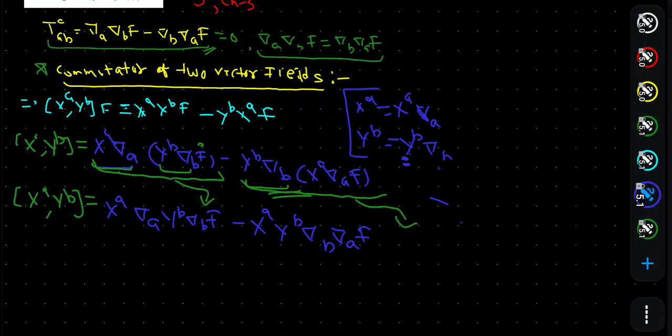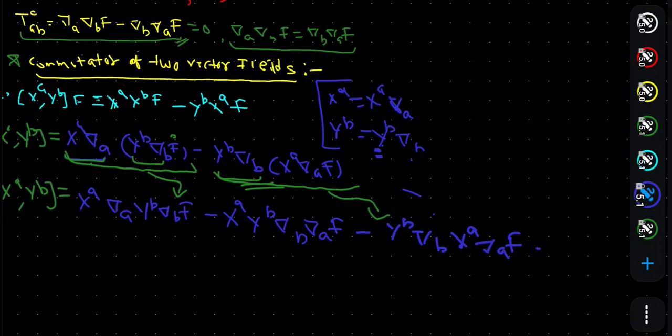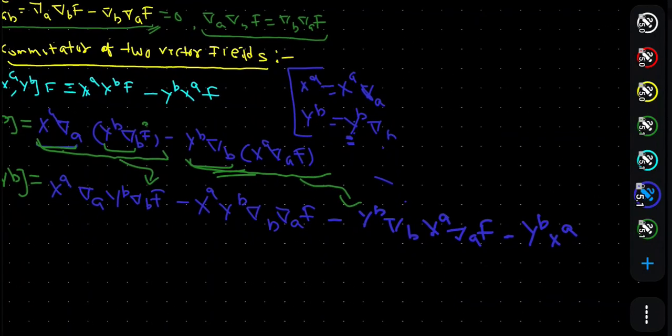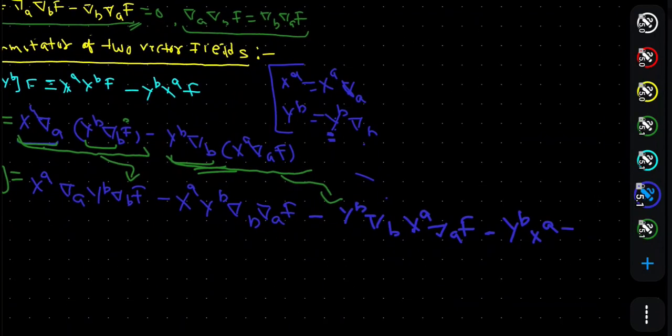Now minus, if we try to do the same for this particular part, it will be y^b nabla_b on x^a nabla_a f, and similarly here if you try to expand this, plus minus will become minus and it will be y^b x^a nabla_a nabla_b and f.